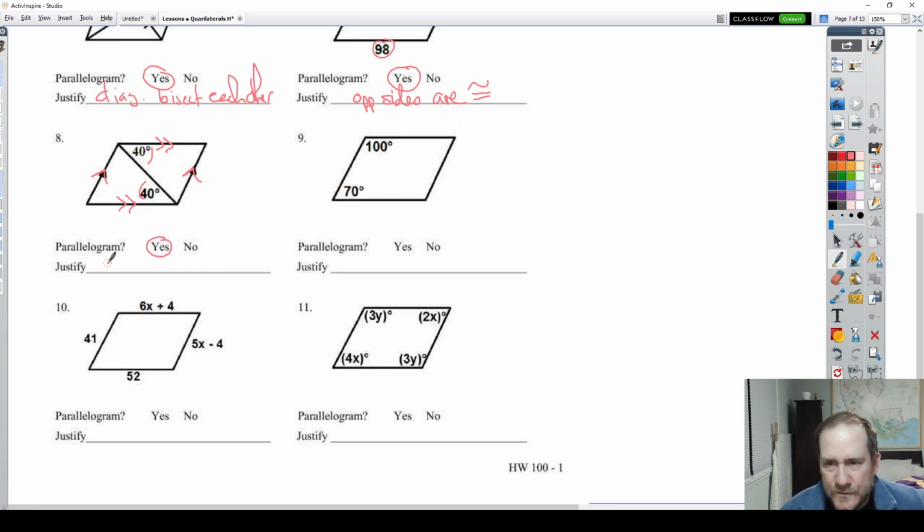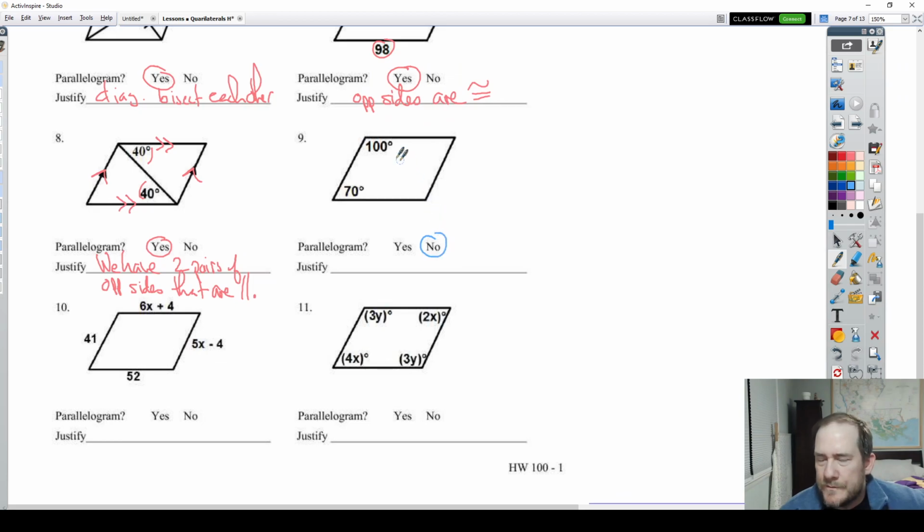We can say yes, it's a parallelogram because we have 2 pairs of opposite sides that are parallel. Okay, that's 8.